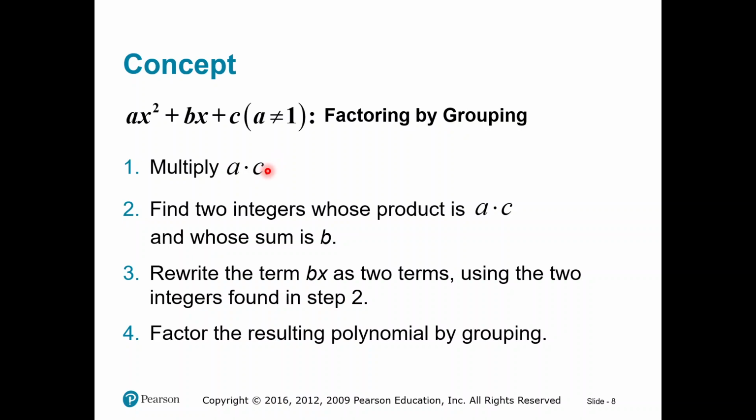Step 1, multiply a times c. Step 2, once again, I want two integers that multiplied give us ac, and added give us b.